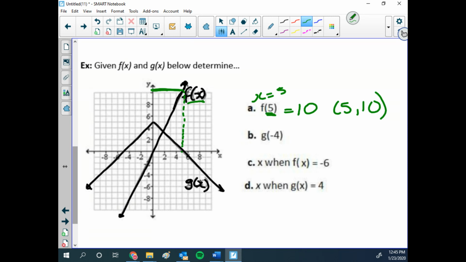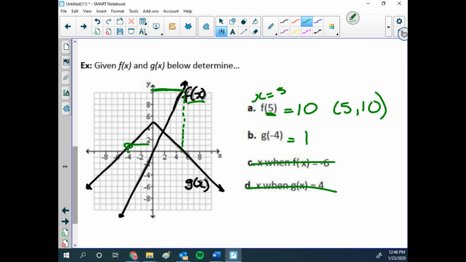So you're going to go to -4 where? On the x. So I go -4 on the x, and then I'm going to find the corresponding y value, which is probably right at 1. Right? Yes. Okay.